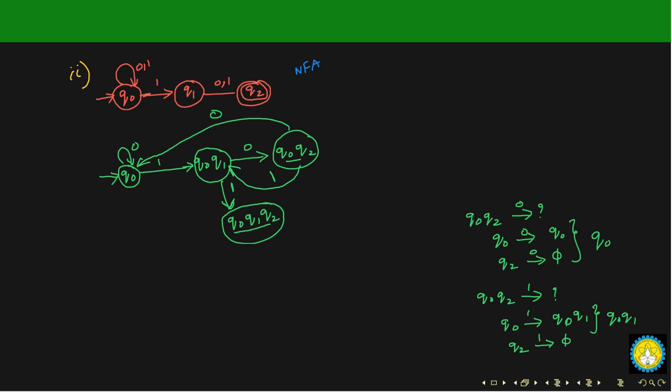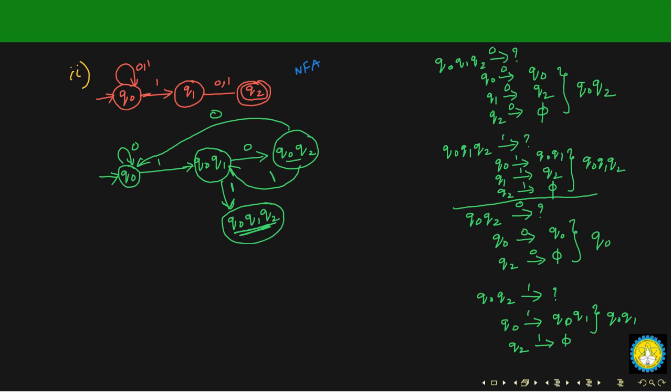Now we are interested in finding the transitions of Q0 Q1 Q2. That's this state, right? So we have to write its transitions. Let me write it down and then fill it up. I've written the transitions over here, so you can refer to it. You can also try to write by yourself.